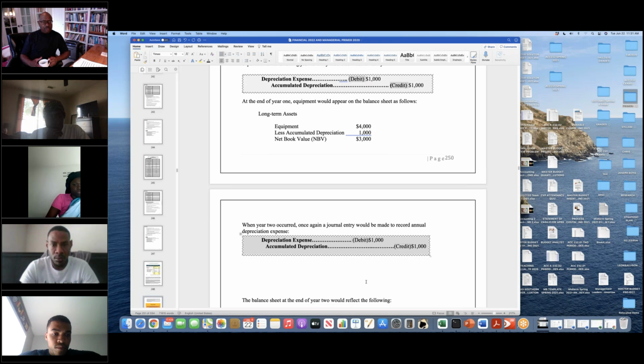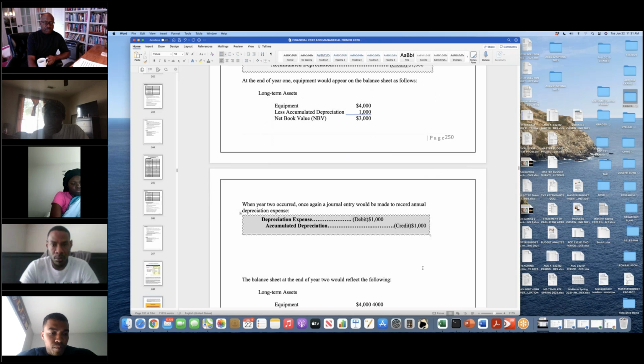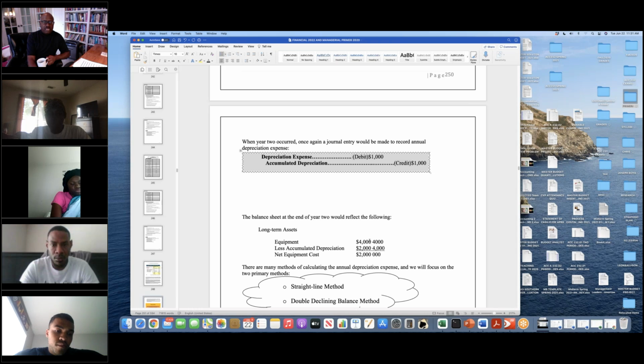When we get to year 2, the good thing about these journal entries, in this case straight line, is that the same journal entry is made. Debit depreciation expense, credit accumulated depreciation, same journal entry. But now the equipment has a cost of $4,000, but the accumulated depreciation is now $2,000, and the item is worth $2,000.